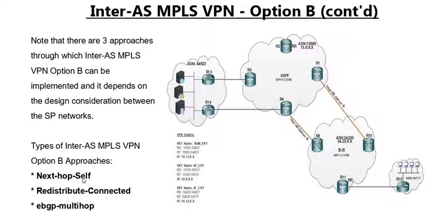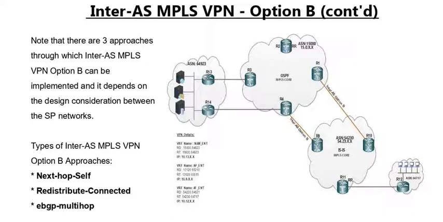Focusing on the next hop self, when you are configuring the ASBR in the option B approach, you need to specify that the ASBR has to rewrite the next hop address on every prefix that it learns from the remote service provider.